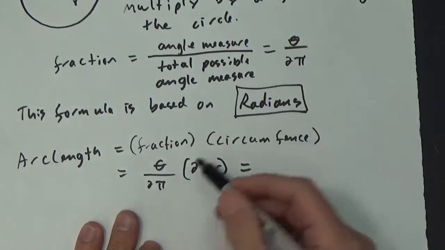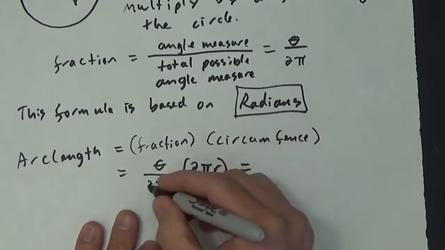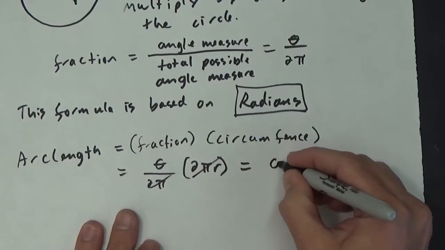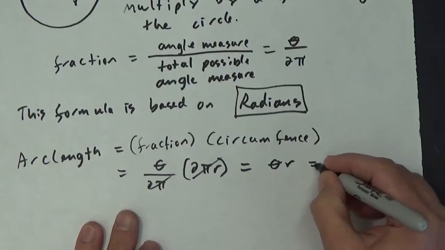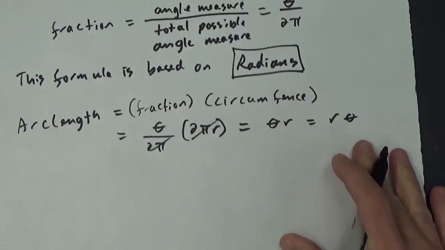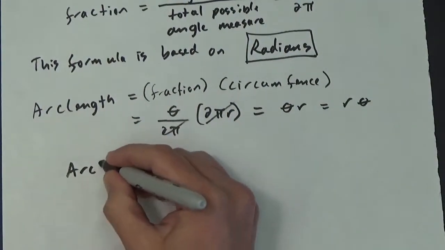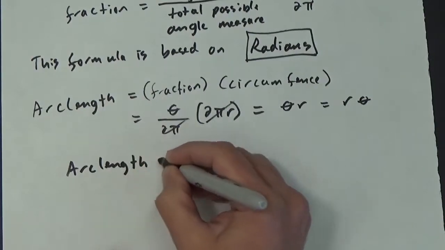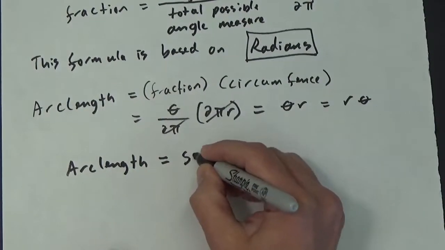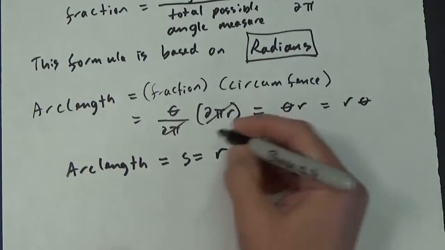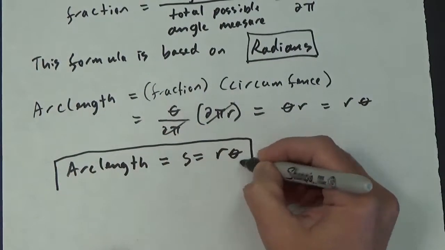When we multiply it out, the 2 pi r's conveniently cancel out, and we end up with theta times r, or what we write as r theta. So our arc length S equals r theta. And there is our formula.